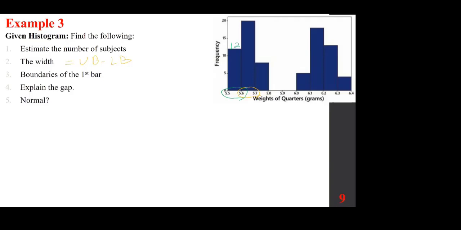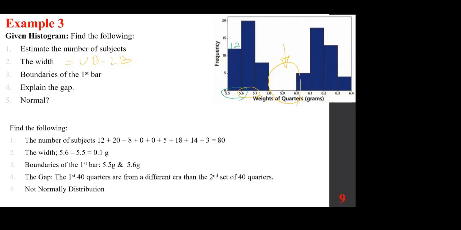Okay, so we have those. And there is a gap here. As you can see, the height is 0 in this case, so again, it can be explained. And whether it's normal or not, clearly it's not a normal distribution. For the number of subjects, you need to add those heights, 12 and 20 and 8, and all the way through, and there are 80 subjects in this case, quarters.